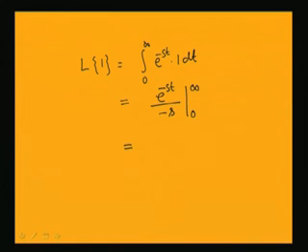When one substitutes the value of infinity, e to the power minus infinity, this becomes 0. When one substitutes t equal to 0, this becomes 1. So, minus minus plus, this becomes 1 by s. So, Laplace transform of 1 equal to 1 by s.